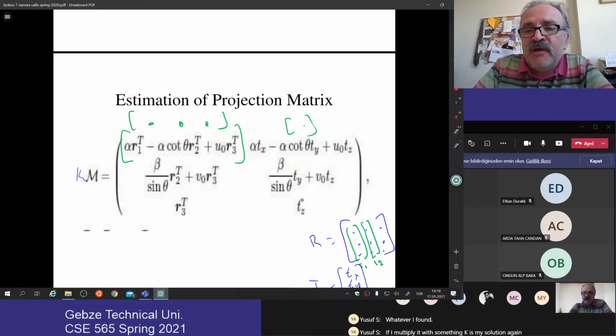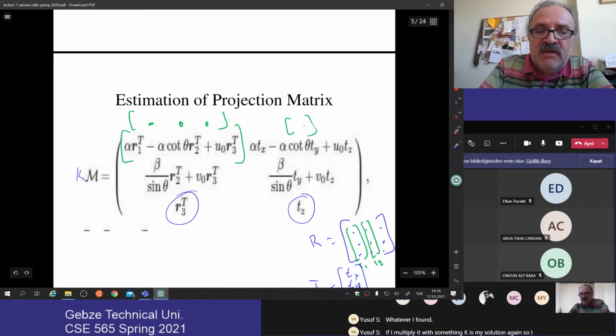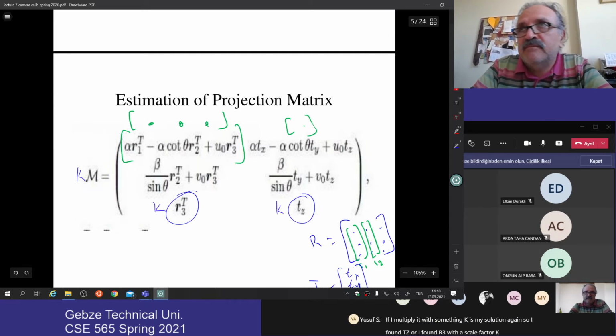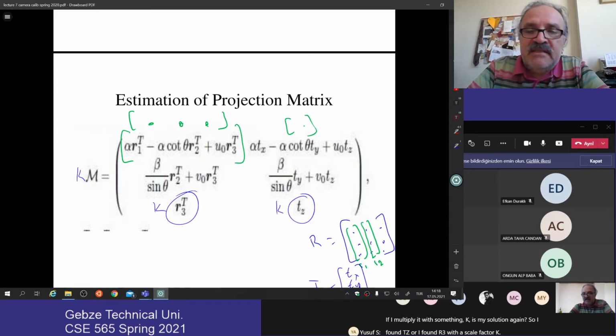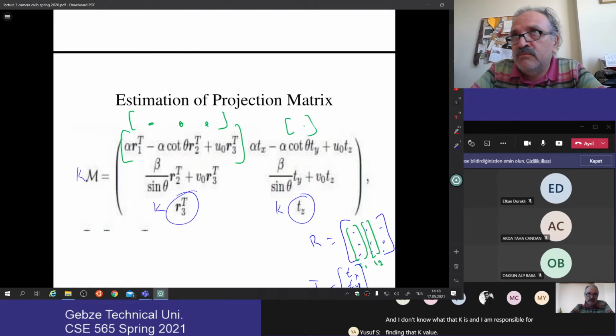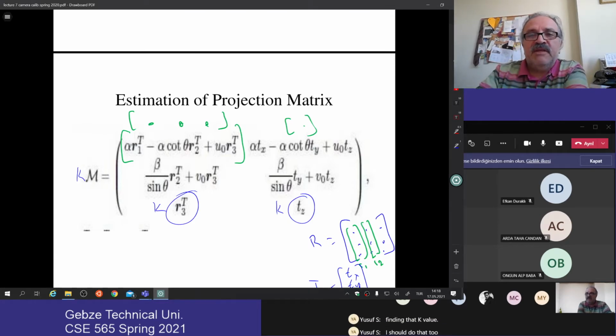So I found TZ, or I found R3 with a scale factor K. And I don't know what that K is. And I am responsible for finding that K value. I should do that too. So keep this in mind.